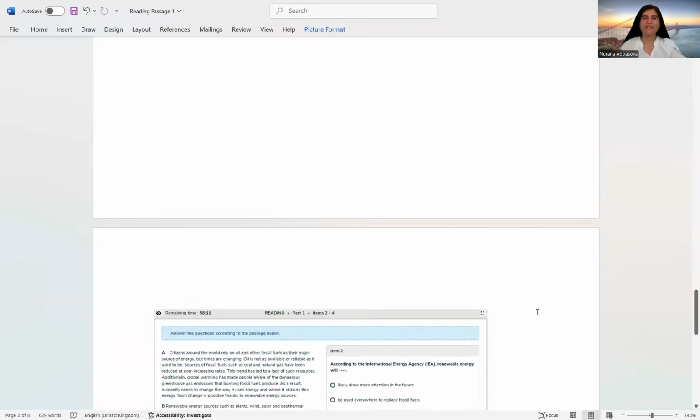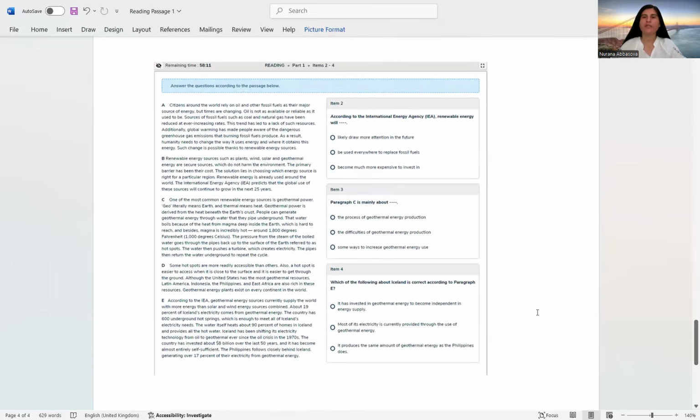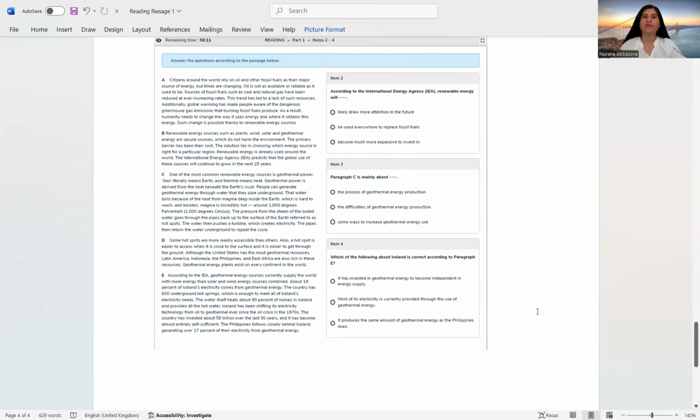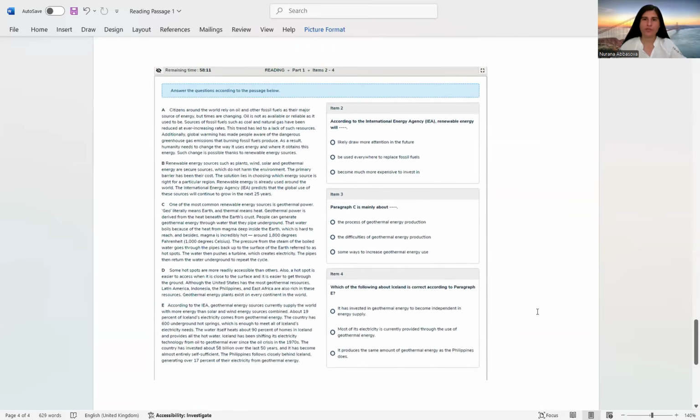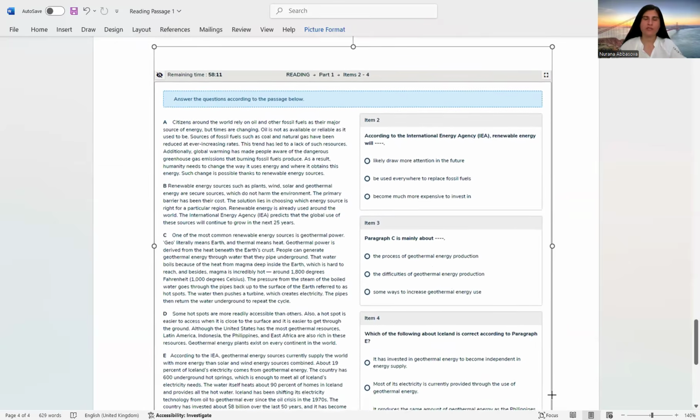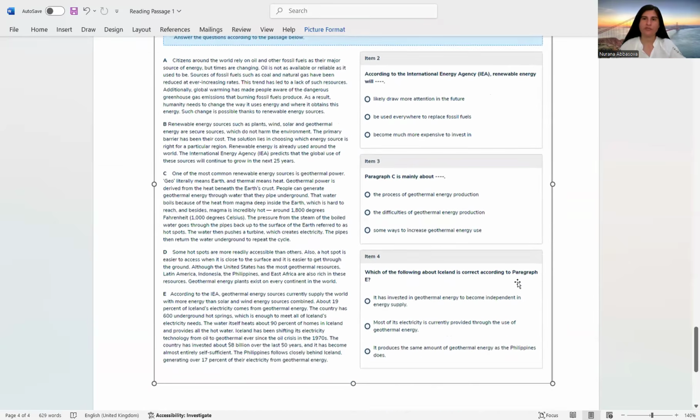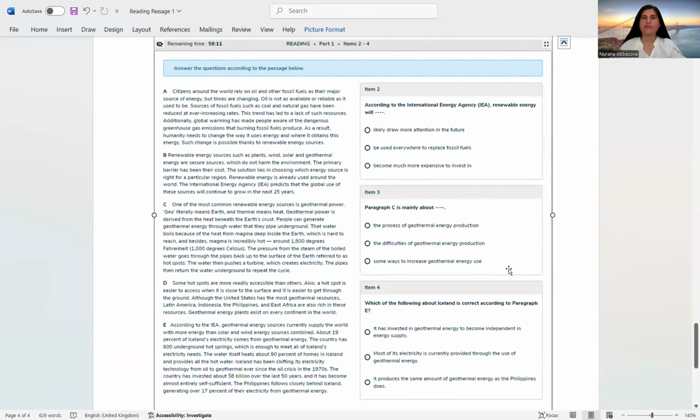And after it, from the same paragraph, you have 3 more multiple choice questions. What about multiple choice questions? Actually, you know that multiple choice questions can be of 3 types. The first one is detailed matching information. Generally, the wording is "according to."